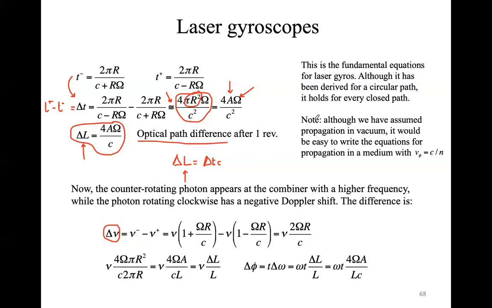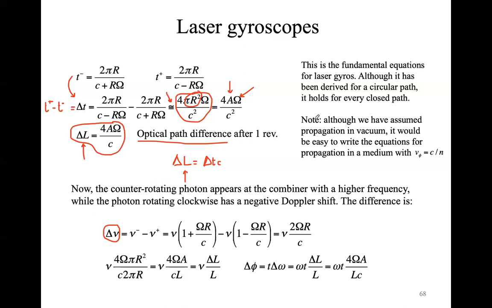We are assuming a circular path, but you can find similar expressions also for other paths, usually a rectangular or triangular path. The other thing is that for gyroscopes used, for example, on airplanes, you also have a medium in your path.